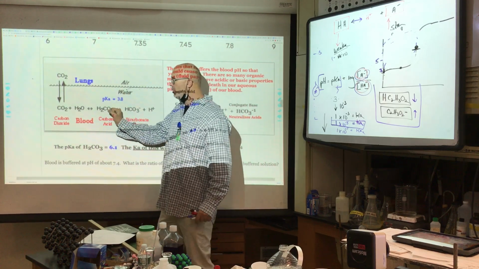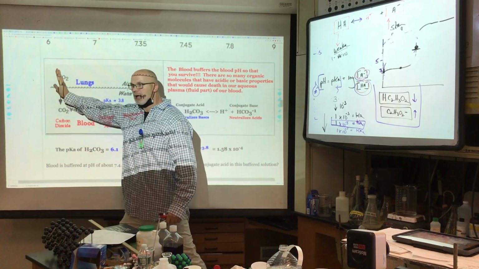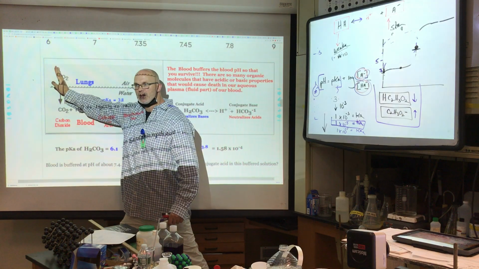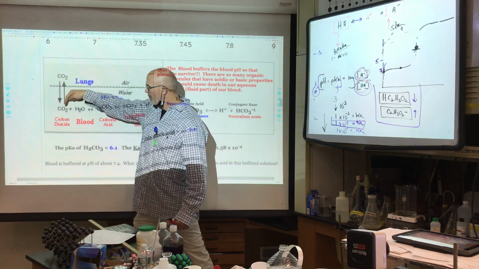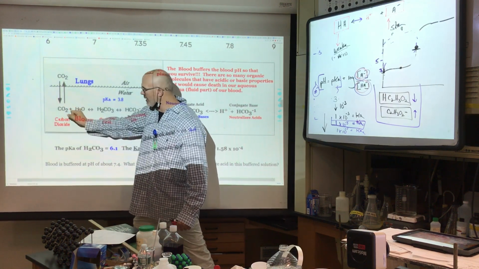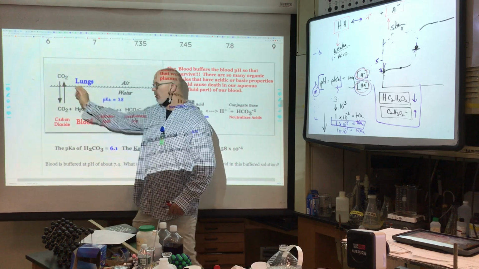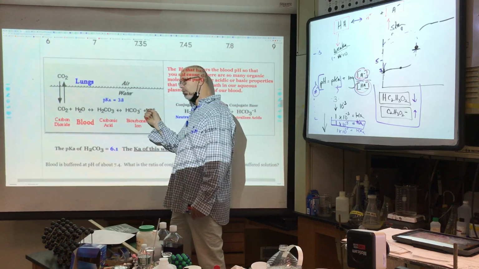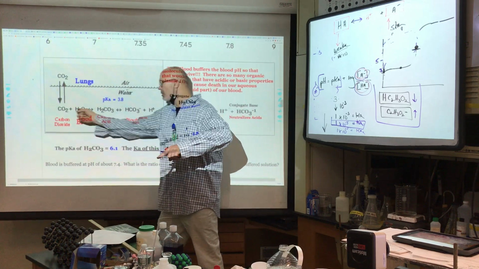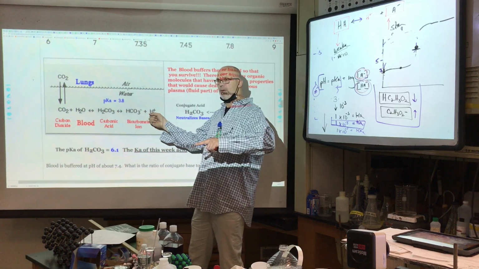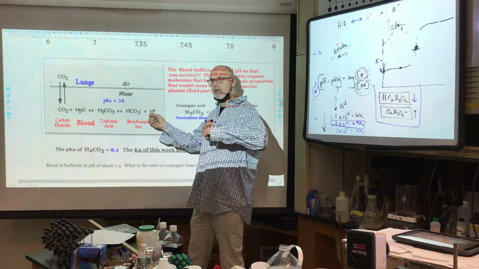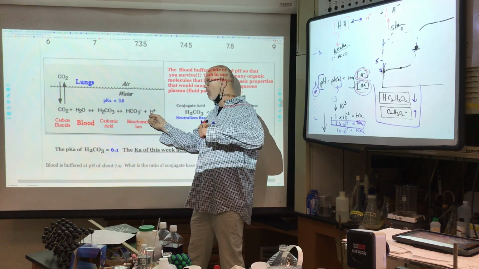When we breathe, we push the CO2 out of our lungs. By Le Chatelier's principle, if I lower the CO2 by expelling it, remember, a high amount of H pluses lowers our pH. We produce CO2 in our plasma, and that triggers us to breathe, forced by our autonomic nervous system.